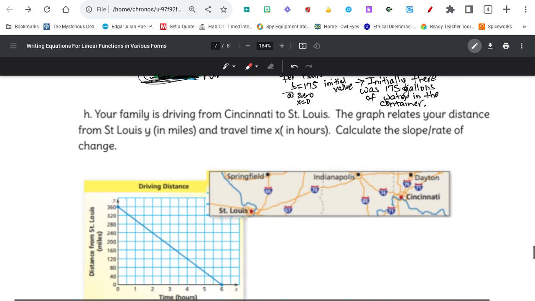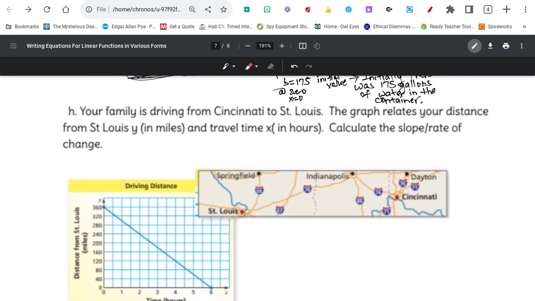Okay, let's take a look at this one. Your family is driving from Cincinnati to St. Louis. The graph relates your distance from St. Louis in miles. The distance, they already told you, was y, and the unit is miles. That's what you're measuring in. And the travel time is x, in hours.